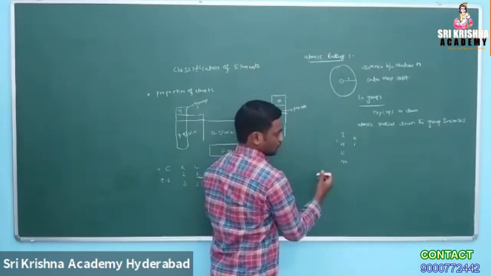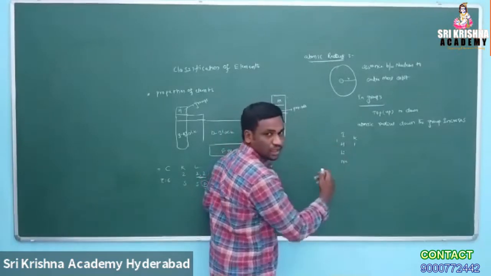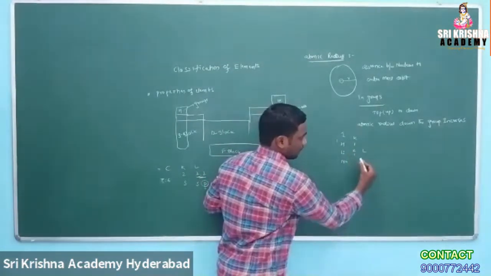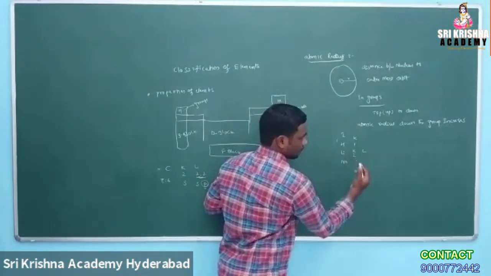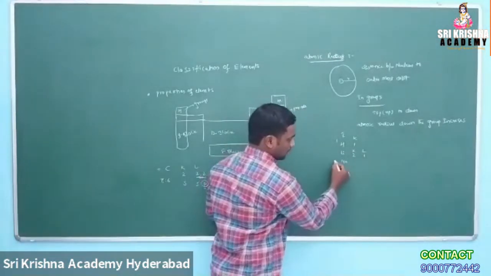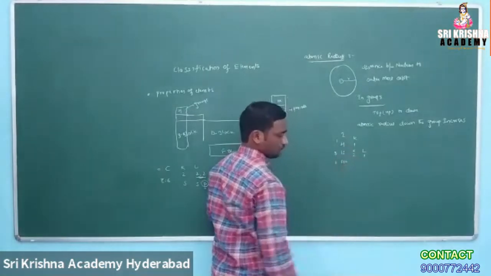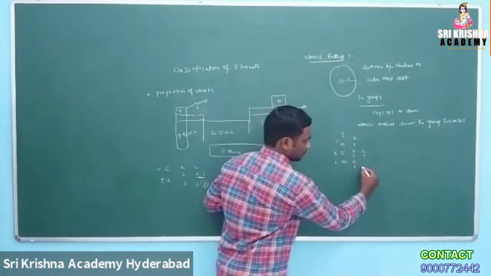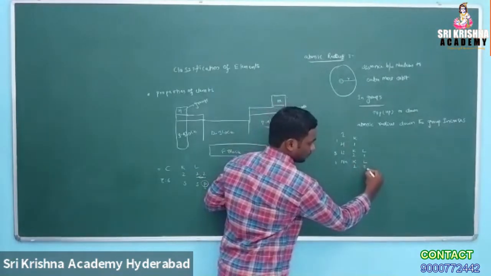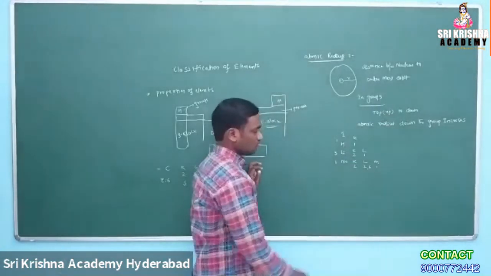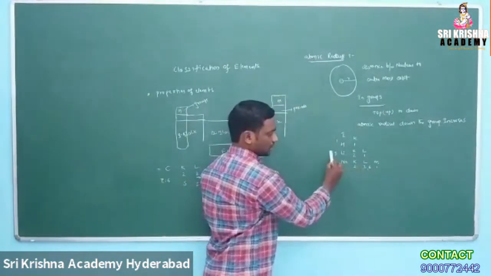Lithium atomic number is 3: the K shell has 2 electrons and the L shell has 1 electron. Sodium atomic number is 11: the K shell has 2 electrons, the L shell has 2 and 6 electrons, and the M shell has 1 electron.